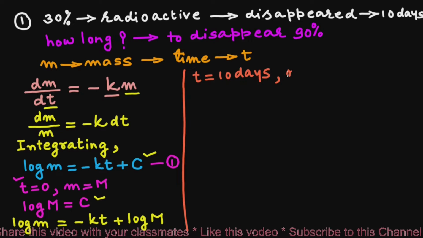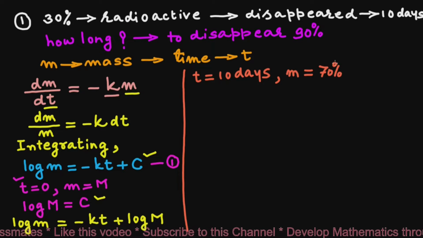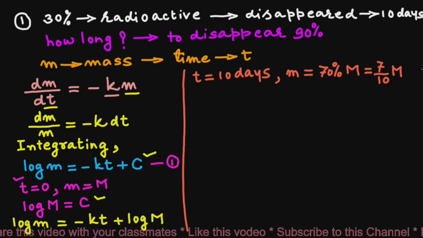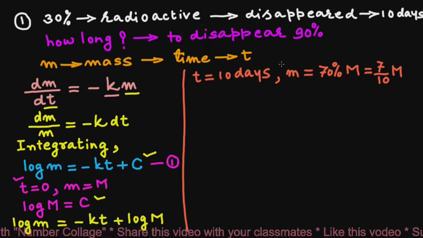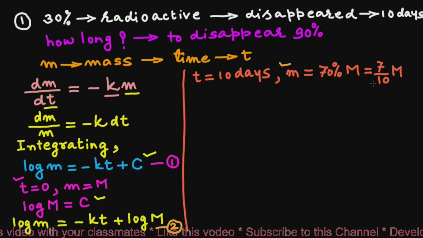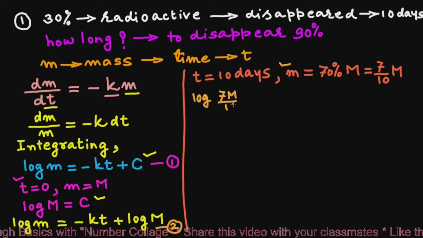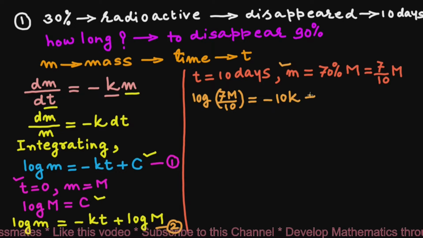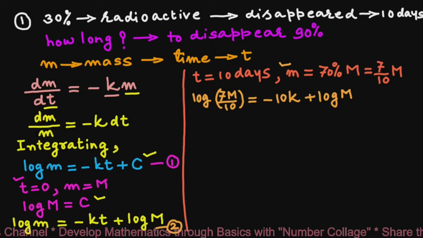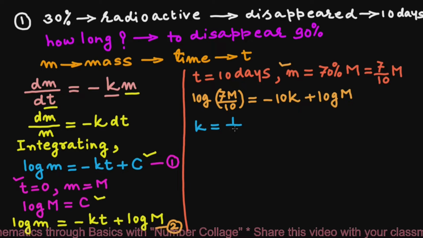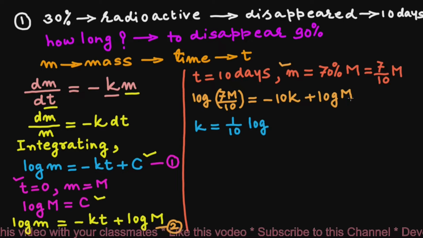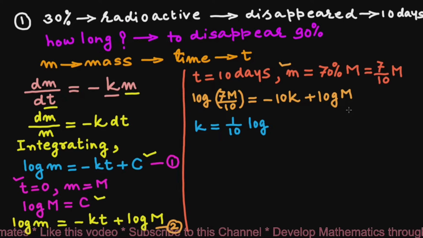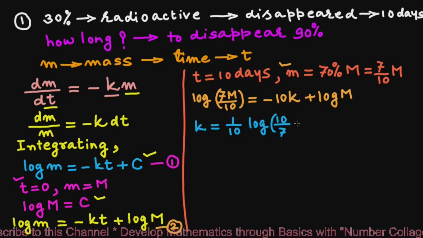So we write m = 70% of capital M, that will be 7/10 M. By using this value of m in equation 2, we get log (7M/10) = -10k + log M. So that gives us k = 1/10 log (M / (7M/10)). M will get cancelled and we get log of 10/7.